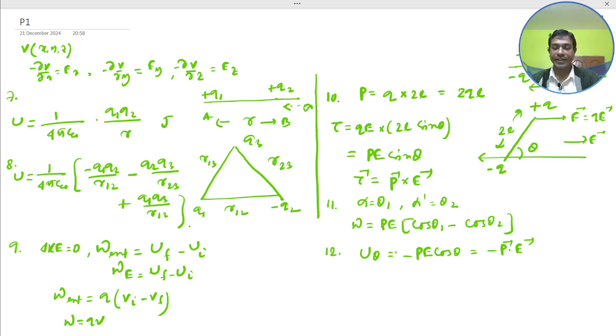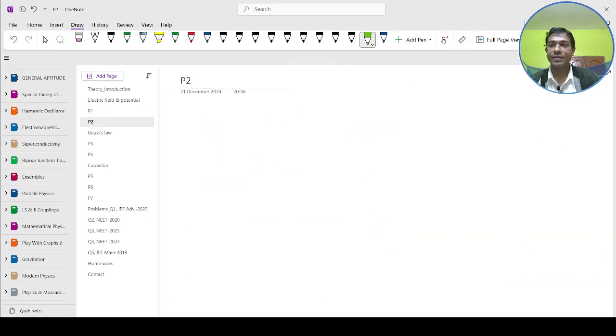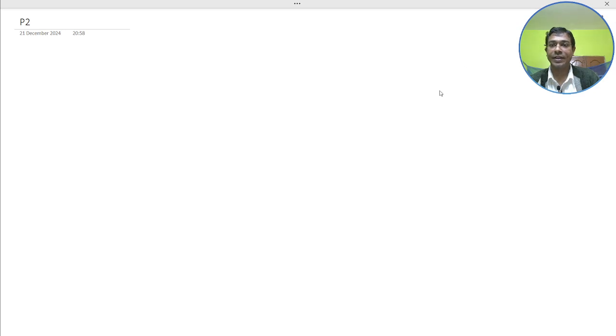And another thing is the electric field at a point on the axis. Suppose this is a dipole with minus q and plus q.